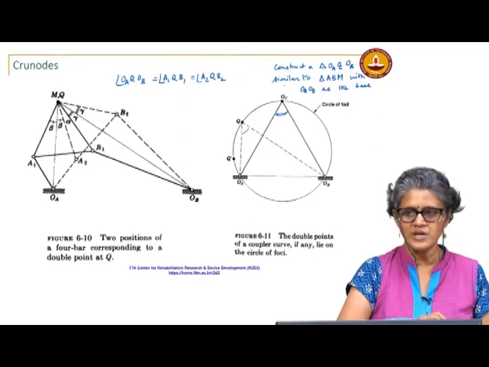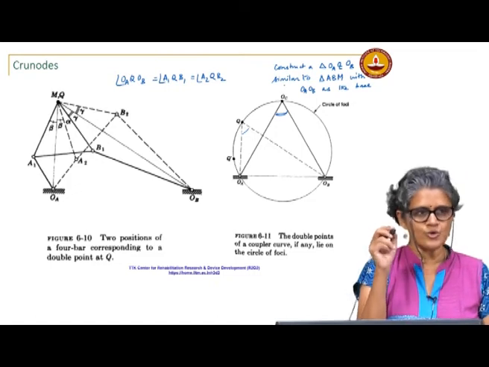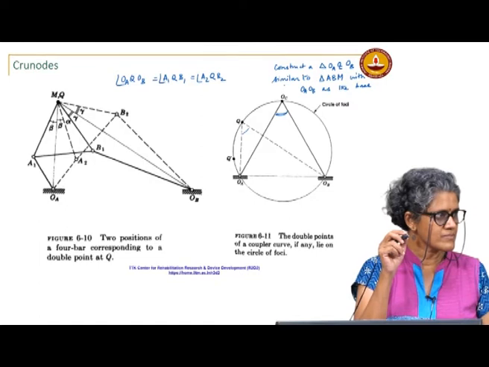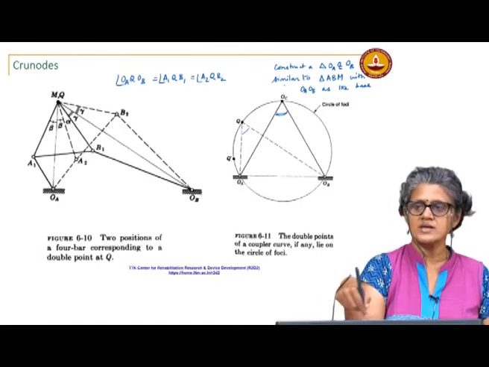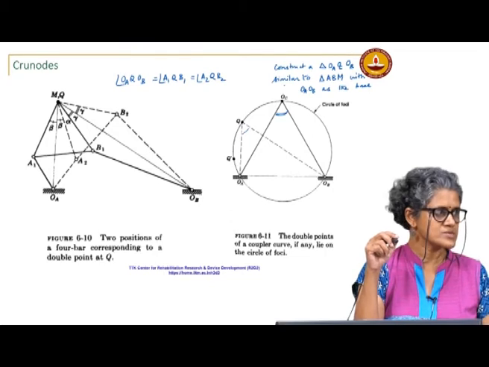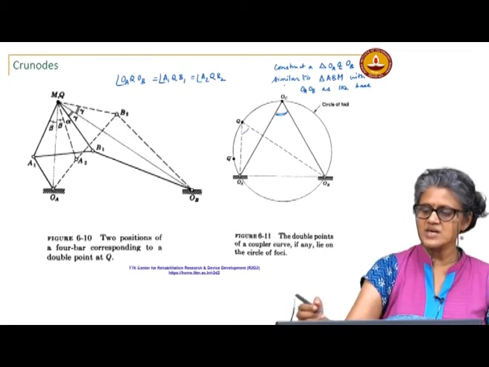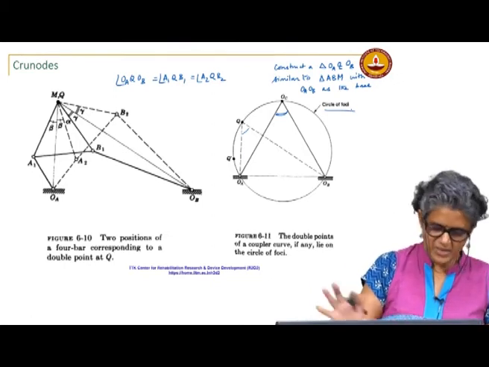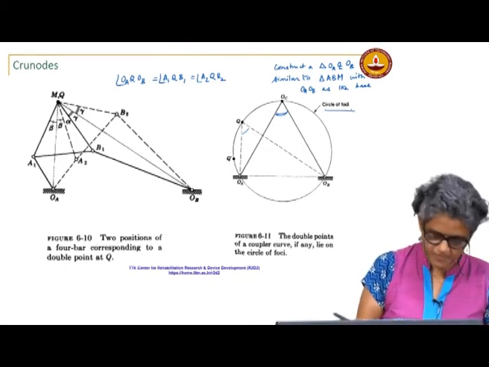The point Q where the crunode happens will lie on the circle that is formed by OA, OB and OC. This circle is called the circle of foci. It has some other significance, but we will not go into it.